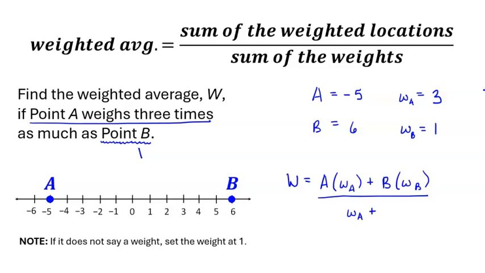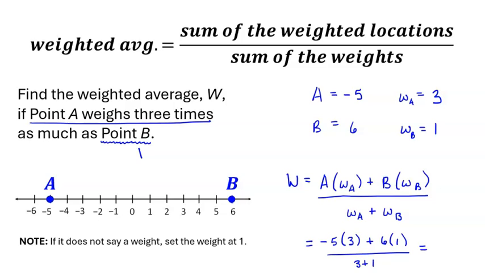So we're just adding what we put in parentheses underneath. So we're just adding the weights together. And so this turns into -5 times 3 plus 6 times 1 divided by 3 plus 1.